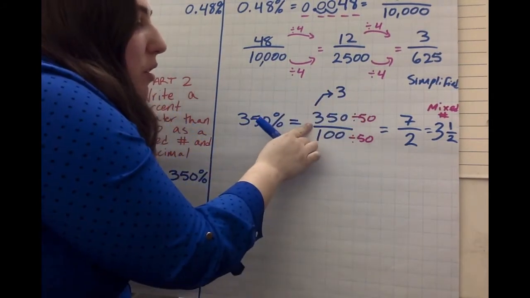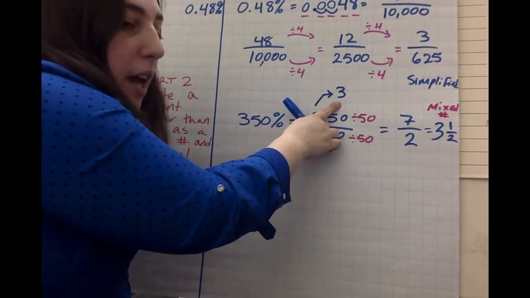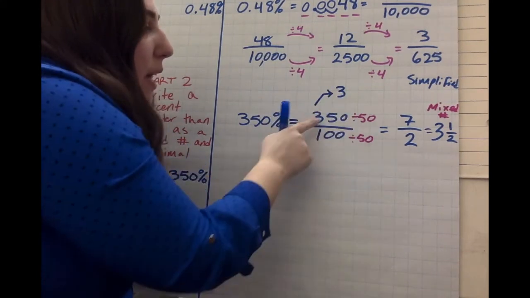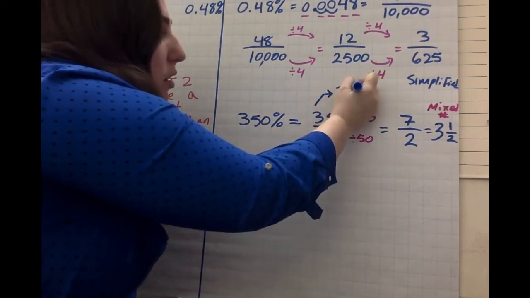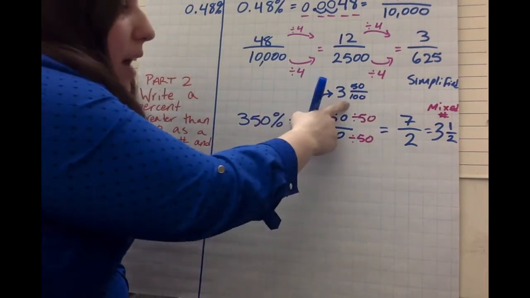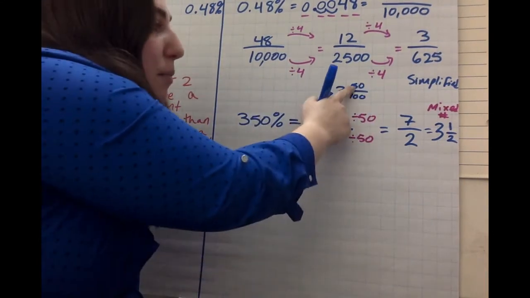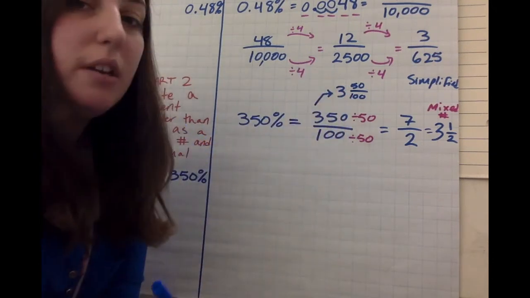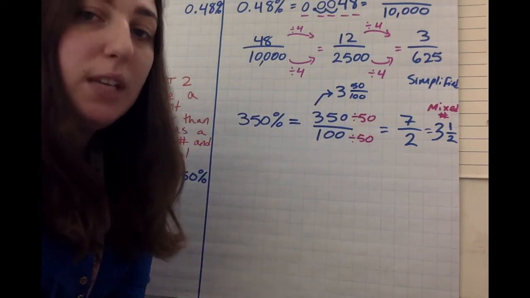So 100 goes into 350 at least 3 times, and then what I would have remaining is that 50 out of 100. If I simplified 50 out of 100, dividing both by 50, I would get 1/2.